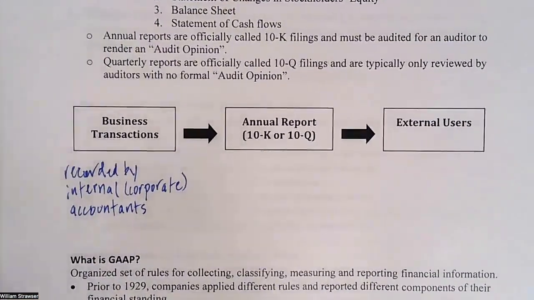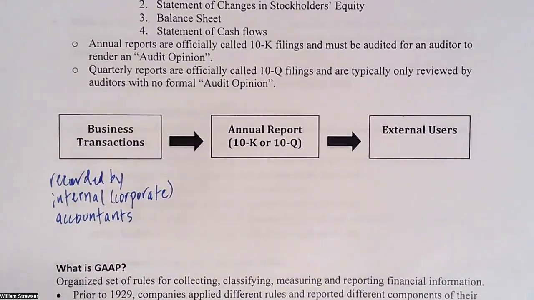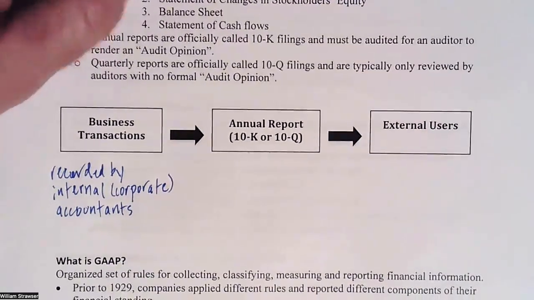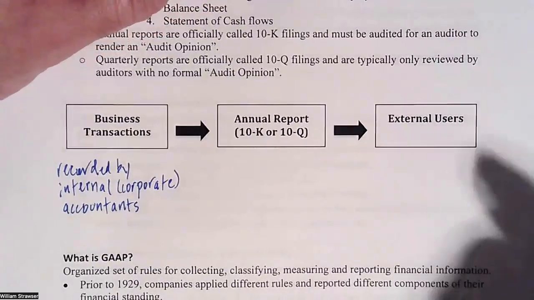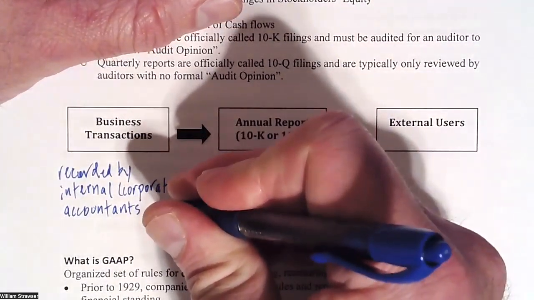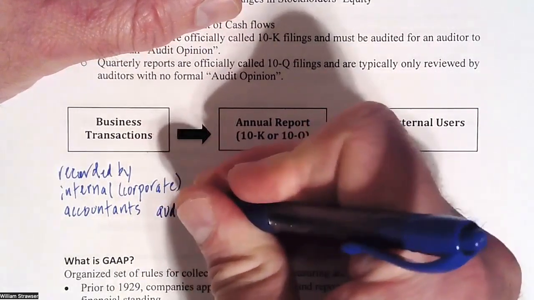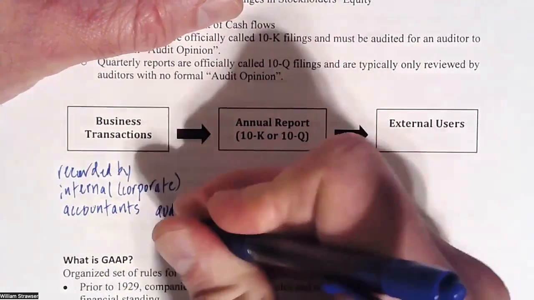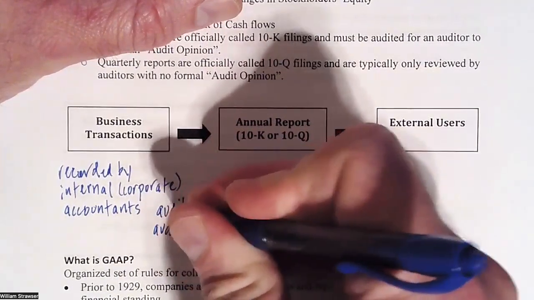They will prepare all of the items that go into the 10K and the 10Q. These will also be audited by our audit firms, in the case of it being a 10K.